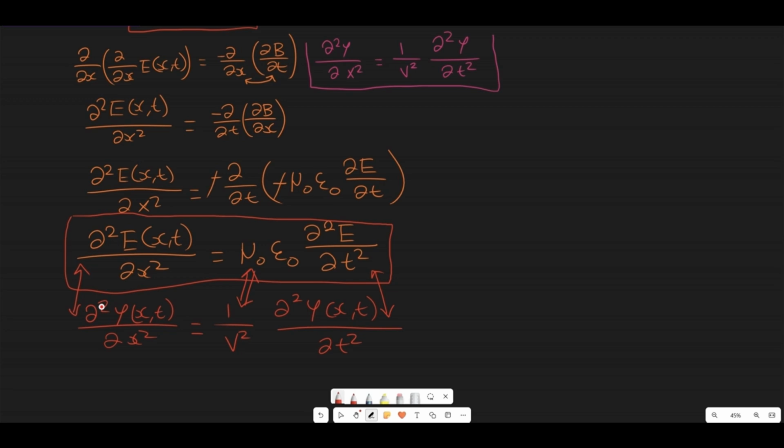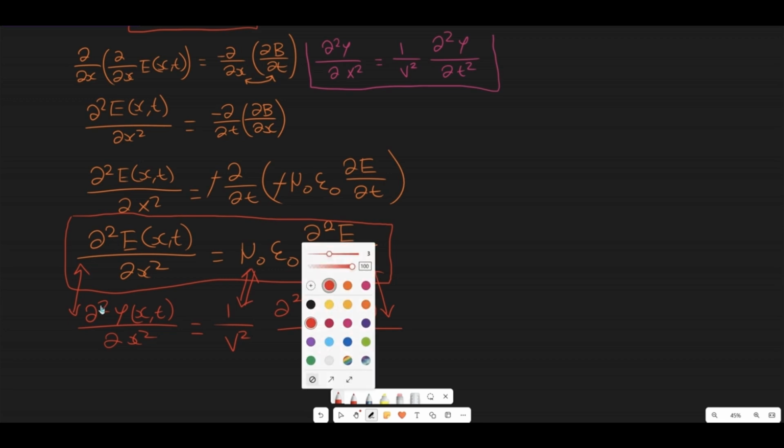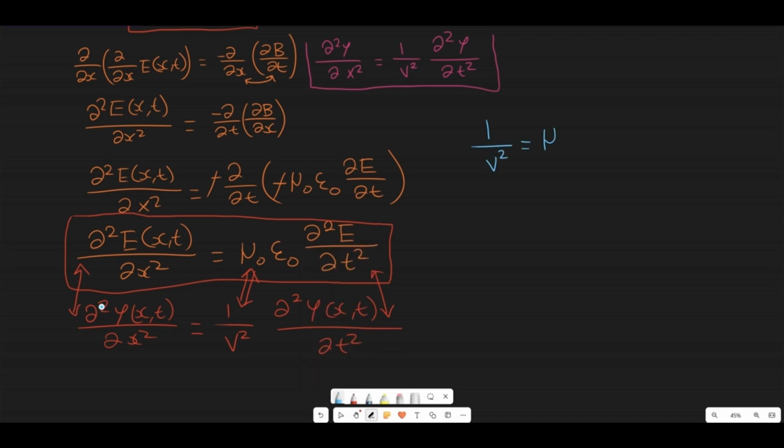So this electromagnetic wave that is propagating through space can match the wave equation if and only if the following condition holds: 1 over v squared equals mu naught epsilon naught. If and only if these two are equal, then it is an electromagnetic wave.